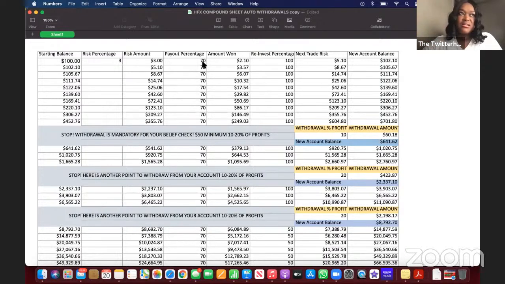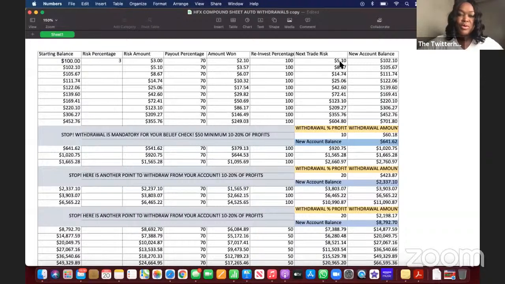It can sometimes be 60, but the majority of the time it's 70% or higher. So with a 70% payout on $3, that's $2.10. You risk $3 and you'll make $5.10.